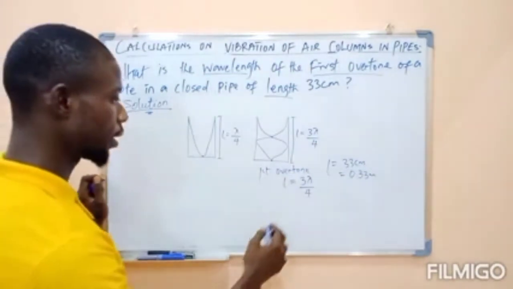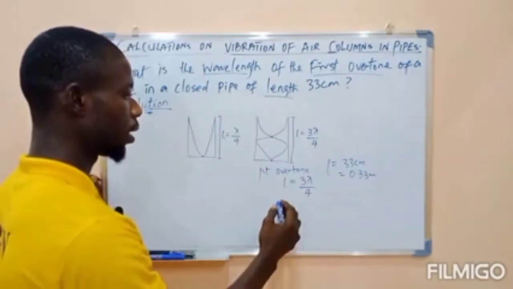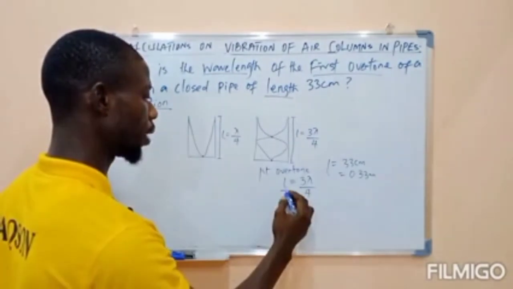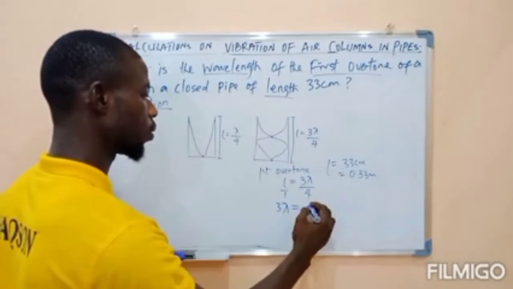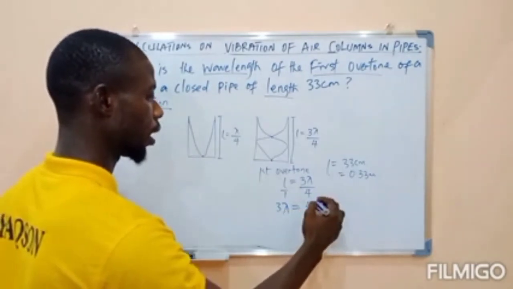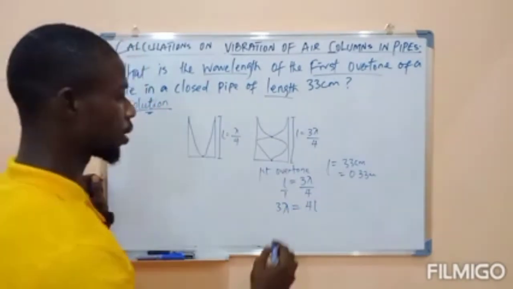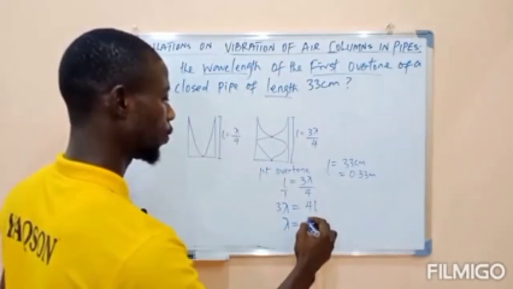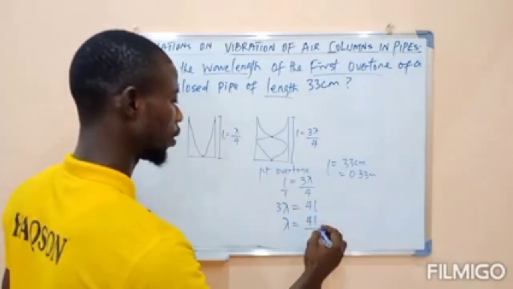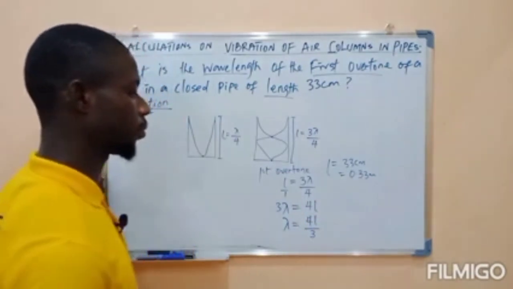So we make lambda subject of the formula. When I cross multiply, I have 3 lambda is equal to 4L, so lambda will be equal to 4L all over 3.